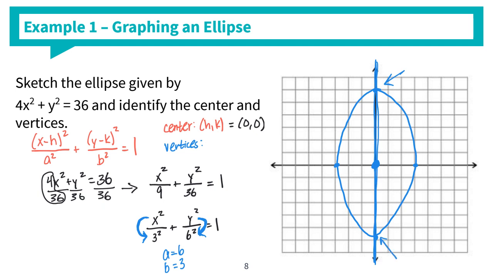So let's go ahead and write the coordinates for those 2 points. For the one that's above, we have 0, 6, and the one below, we have 0, -6.